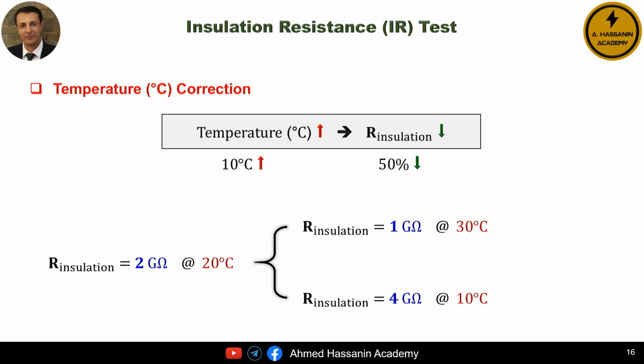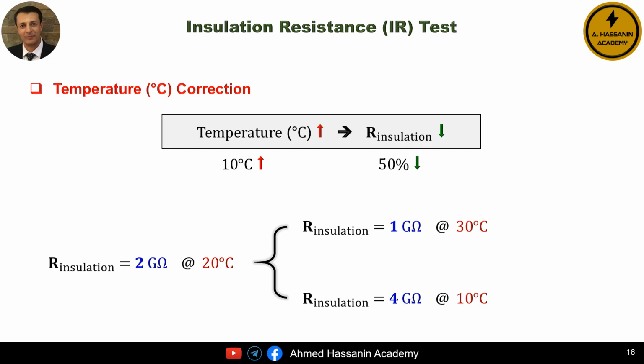It is extremely important to pay close attention to the effect of temperature on the measured insulation resistance value. As I mentioned earlier, insulation resistance is inversely proportional to temperature. This means that if the temperature increases by 10 degrees Celsius, the insulation resistance will decrease to half its value.